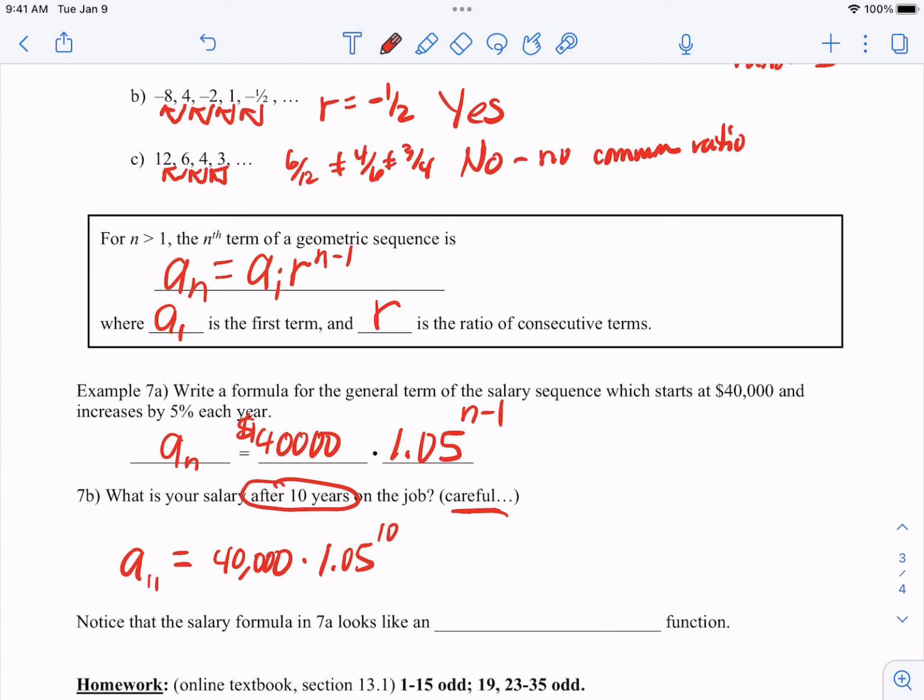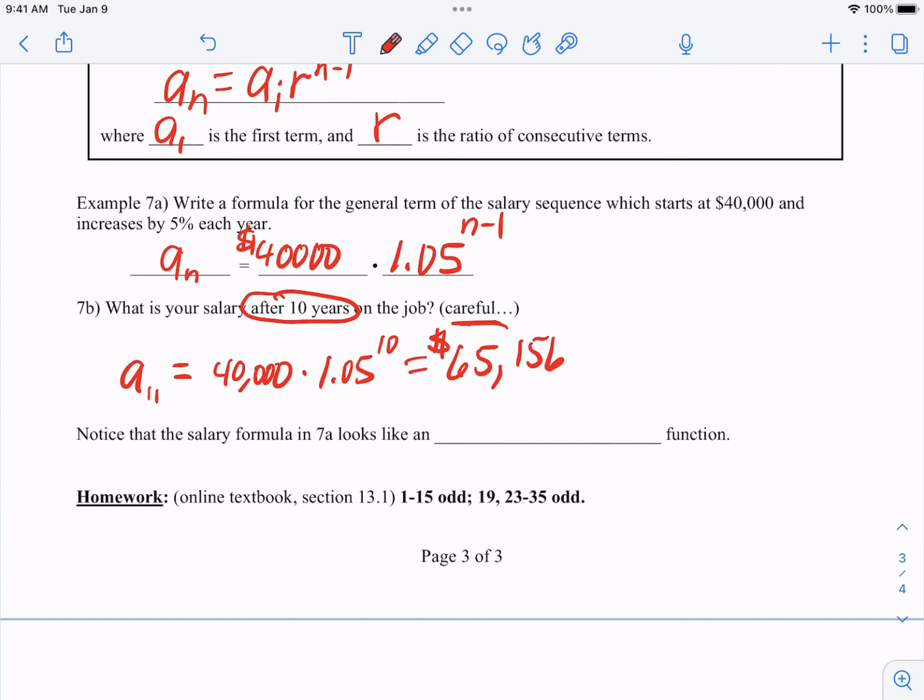I believe that then gives us 65,156. Hopefully that's right. I'm just following my notes. I didn't really calculate it live just now. But if we follow our pattern, that should be the correct answer. If it's not, we'll fix it later.